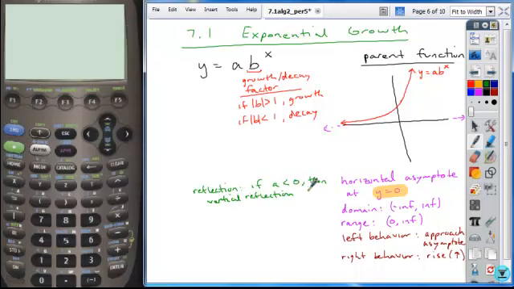You have this vertical reflection, and that will occur across the horizontal asymptote. The only way you have reflection is if there's a negative multiplier in front of your growth factor, in front of your base b.